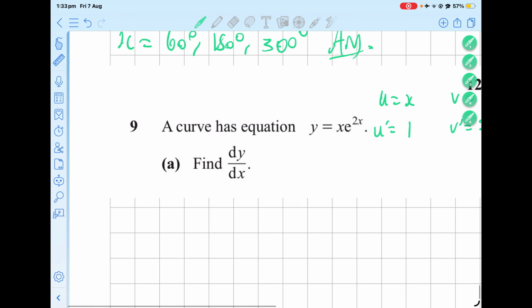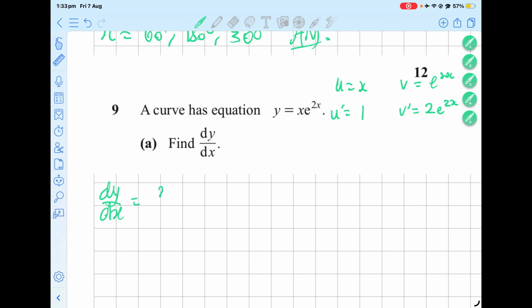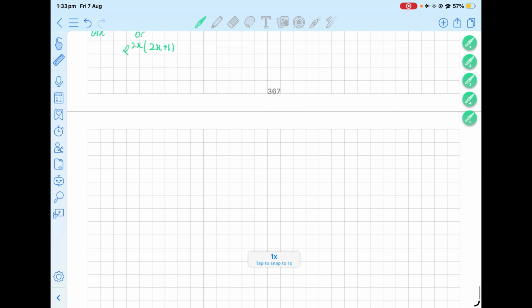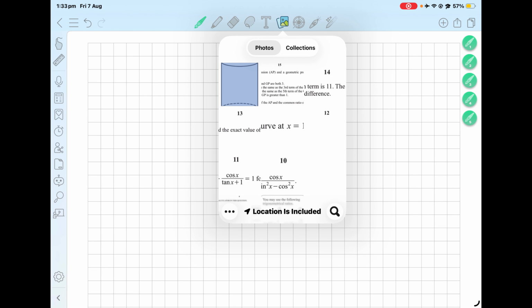So dy by dx is x times 2e to the 2x plus e to the 2x, or you can write it as e to the 2x into 2x plus 1, which literally is like e to the u into u plus 1.